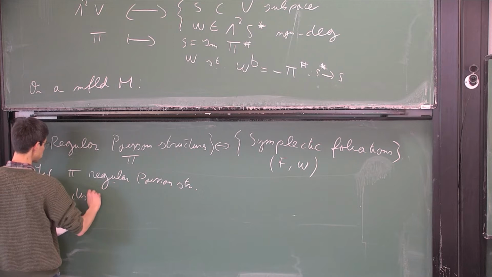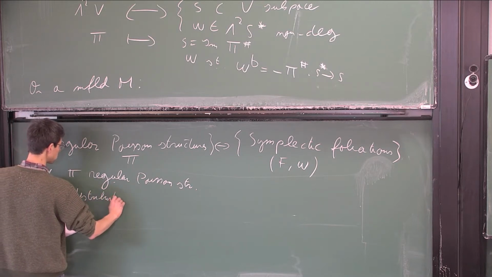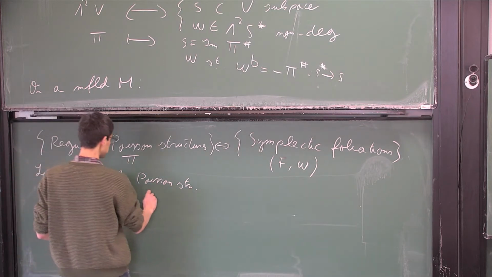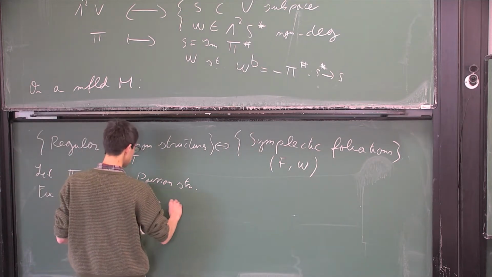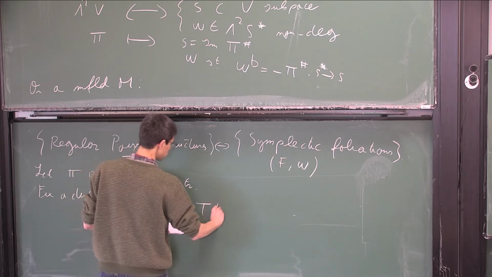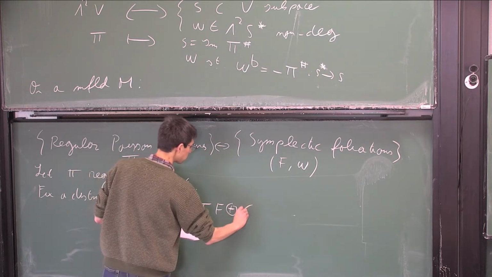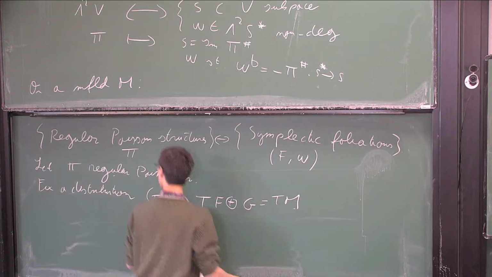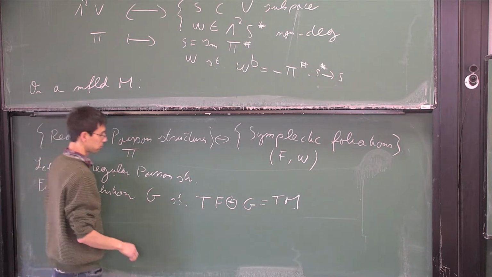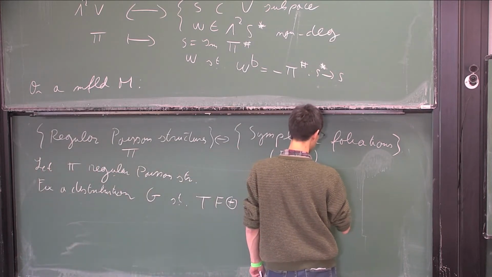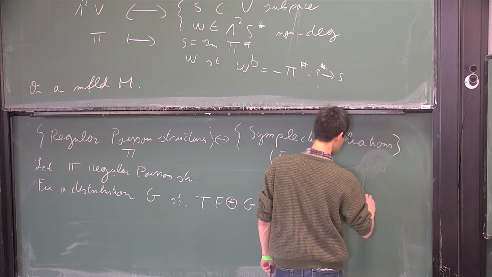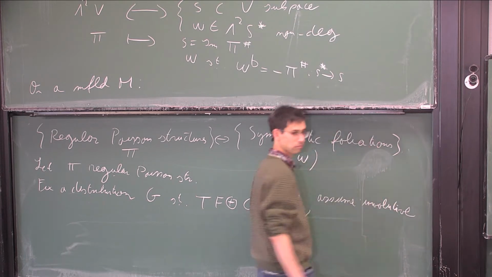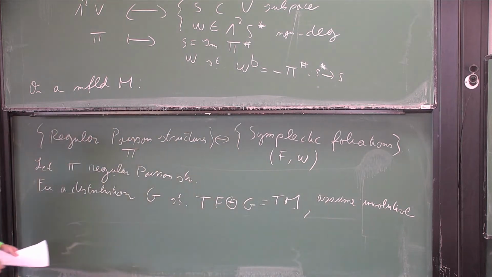I fix a distribution G on M complementary to the symplectic foliation F. And for simplicity, let me assume in this talk that it's involutive. So this will make things a bit simpler.